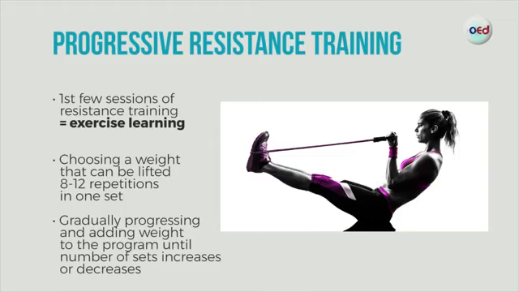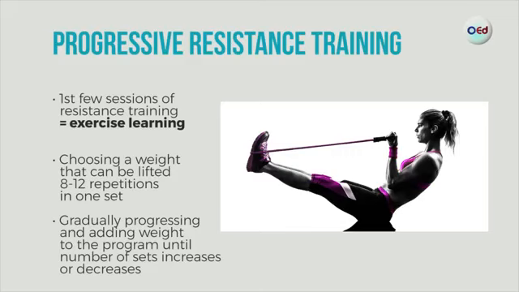From there, you gradually progress and add weight to the program until the number of sets you do increases or decreases. This strategy of progressive resistance training helps both the brain and the body get familiarized to the stress that it is about to undergo.